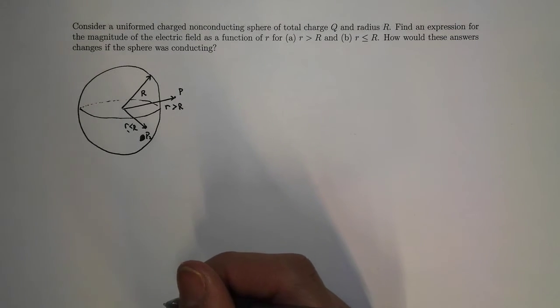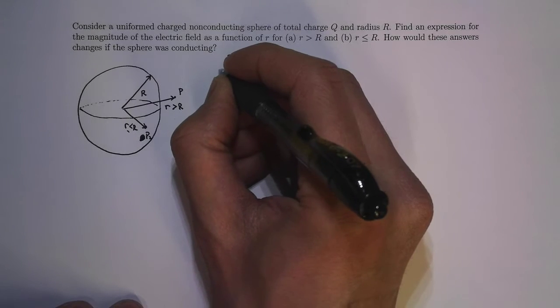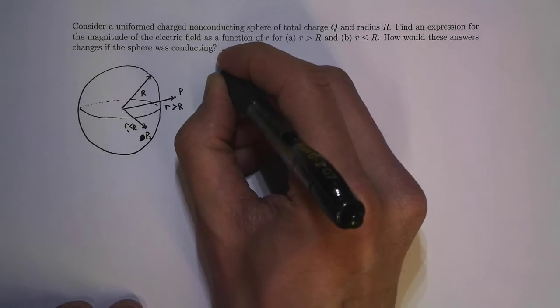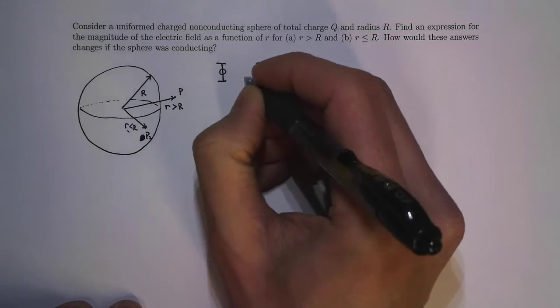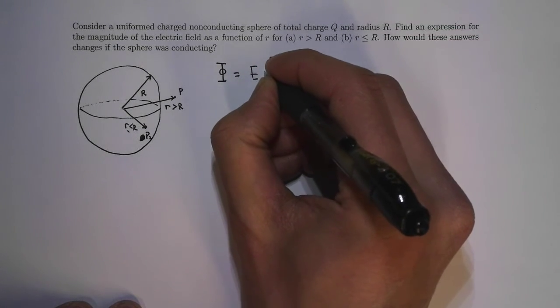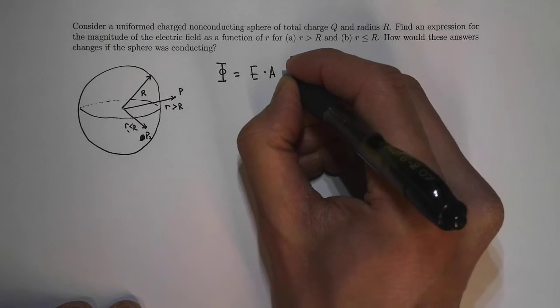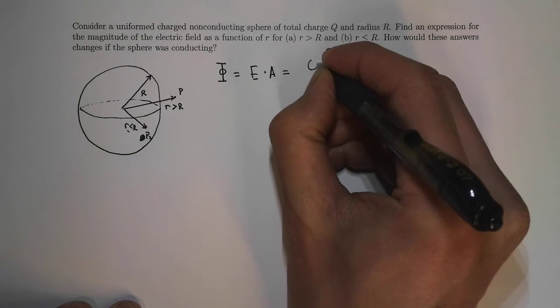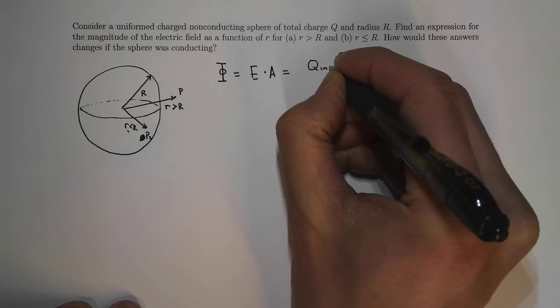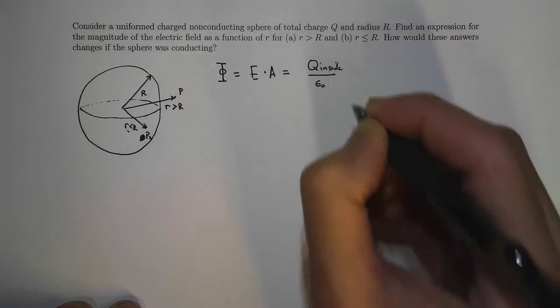So the key idea for Gauss's law is that the electric flux, which is denoted by capital phi, is equal to the electric field dotted with the area, which is equal to the total charge inside divided by epsilon naught.